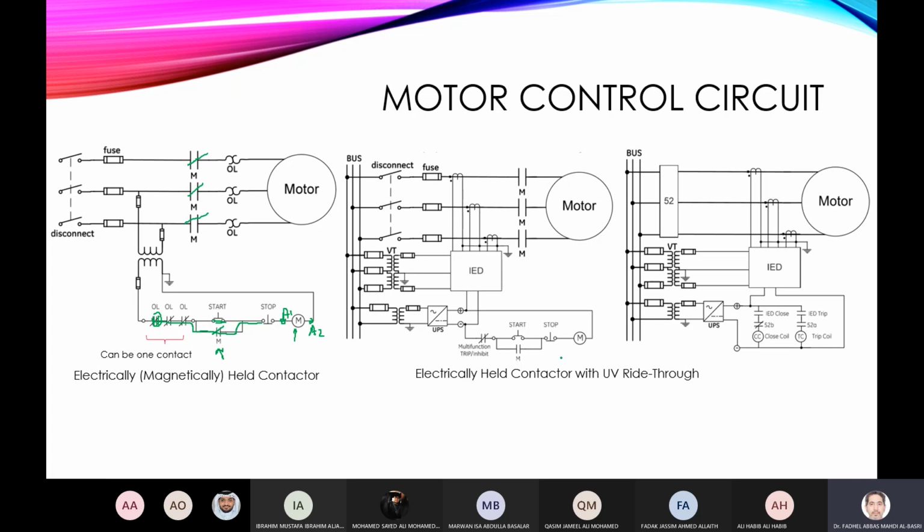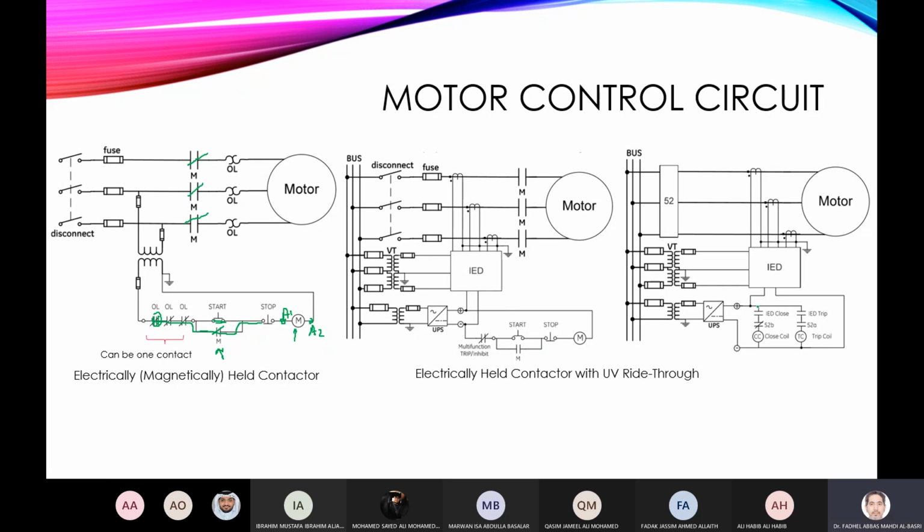To avoid this, so that the contactor doesn't open because of any dip in voltage, we have to supply the coil through a UPS system. So the voltage here will not be affected by faults or a drop in voltage. This is called an electrically held contactor with under voltage ride through.